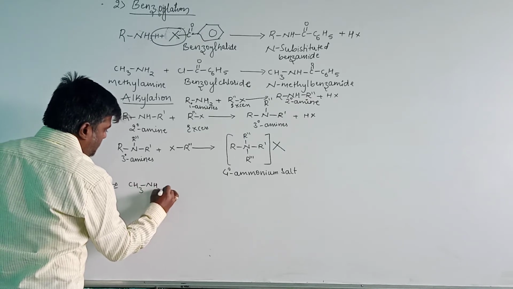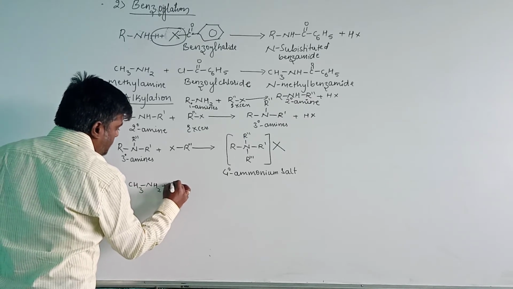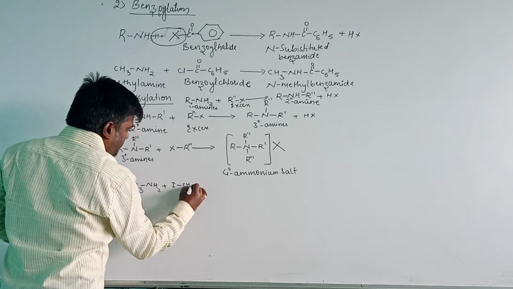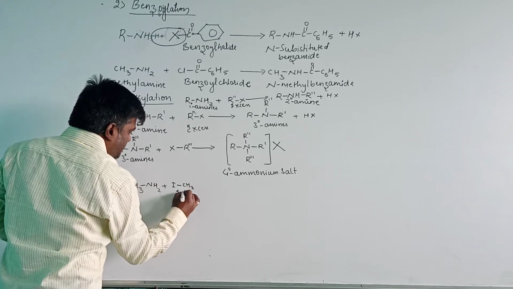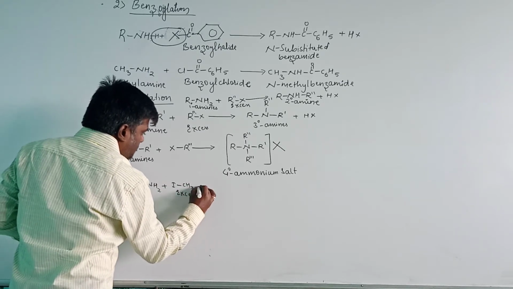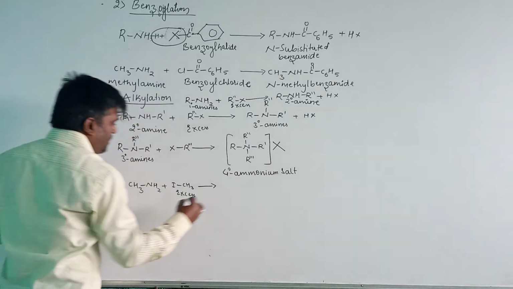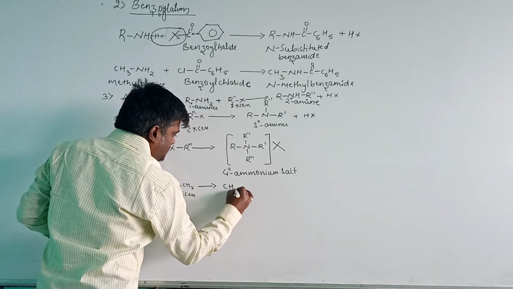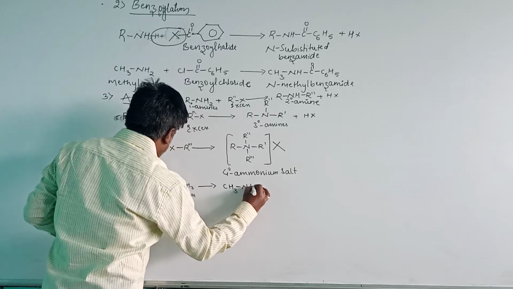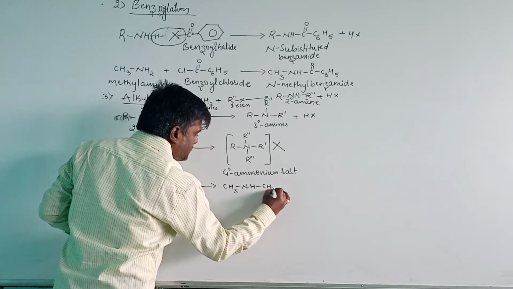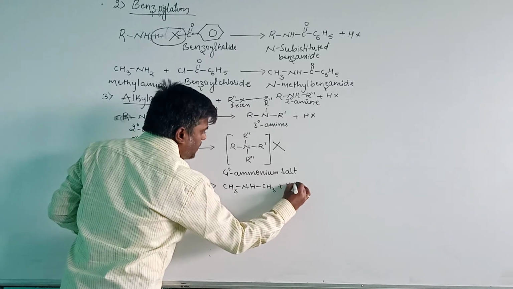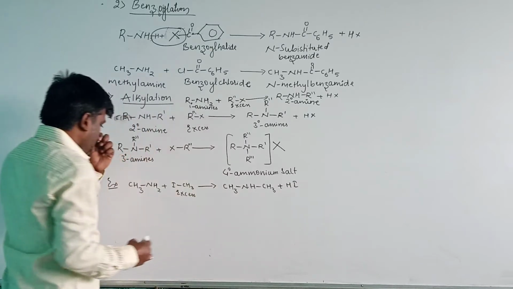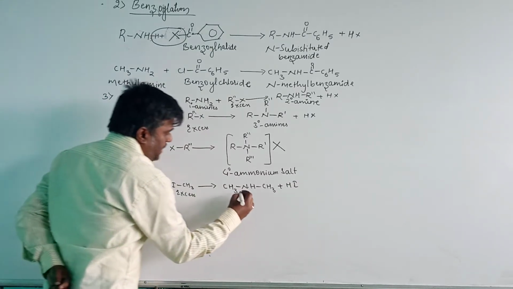CH3NH2, methyl amine, reacts with an excess amount of methyl iodide, then it will produce the compound CH3NHCH3 plus hydrogen iodide. Here the compound is a secondary amine.